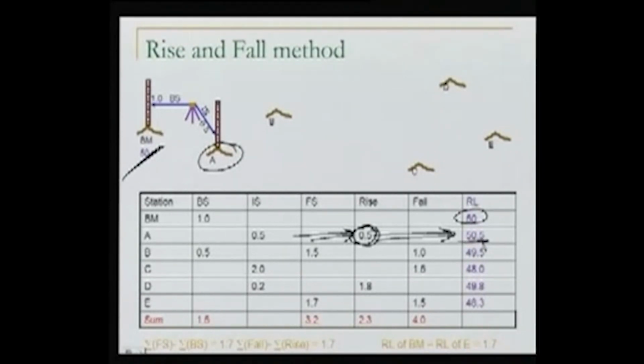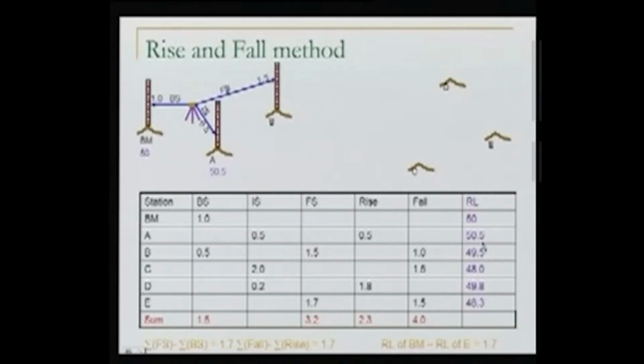Having done that, next, because we want to determine the RL of B, we will again take a foresight as we have done earlier, and the foresight in this case is 1.5. The moment I write the foresight here, I am comparing the RL of B with the RL of A by making use of these two observations.